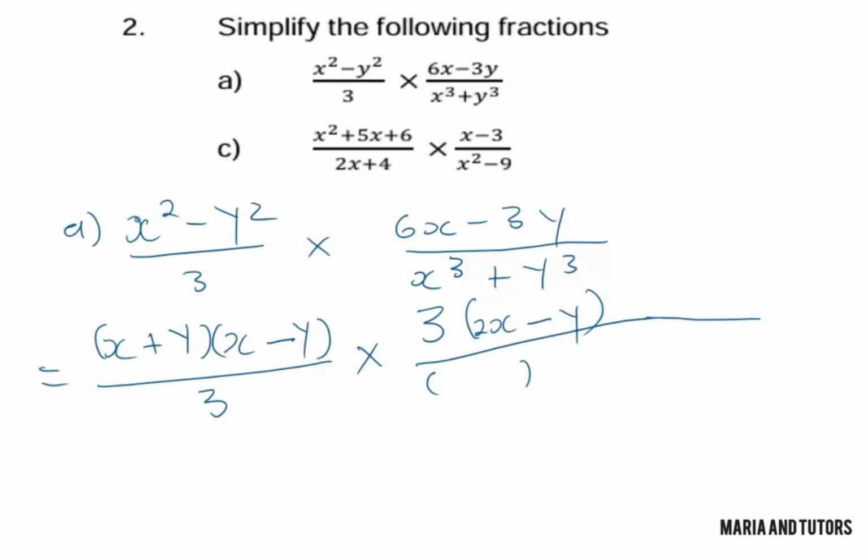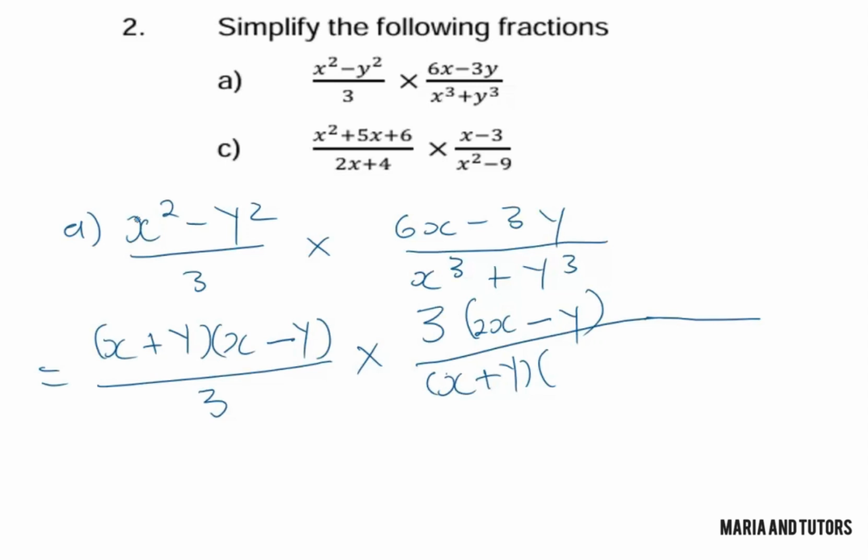Don't forget that from the cubes you have powers, and a power has a base and an exponent. So you're going to take the sum of the bases of our two cubes, and write that in the first bracket. So in the first bracket we're going to have x plus y, and then we open the second bracket.